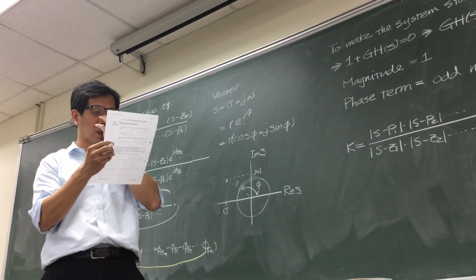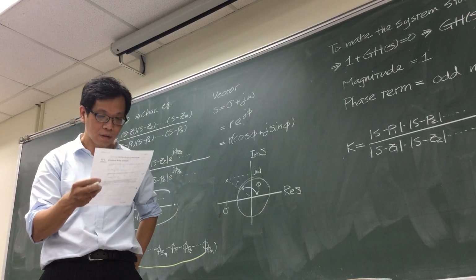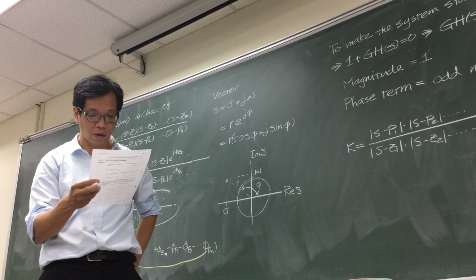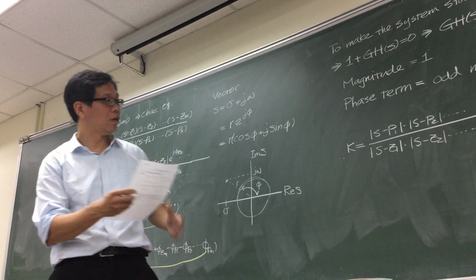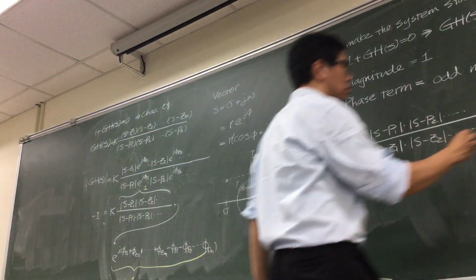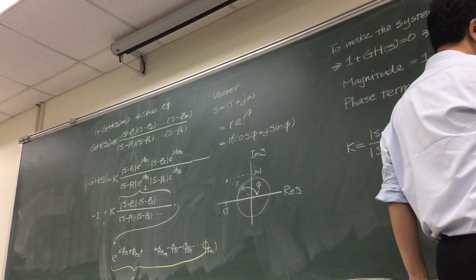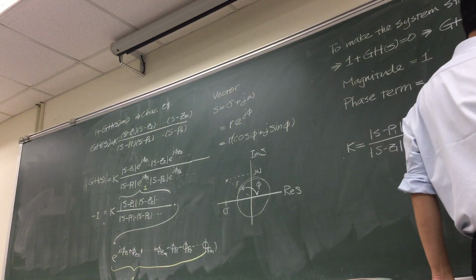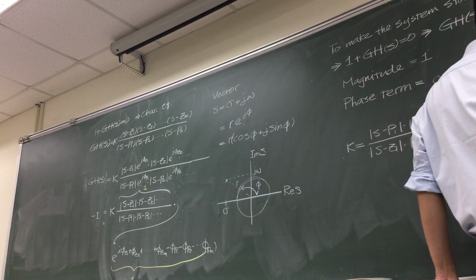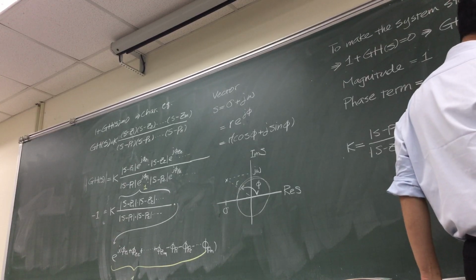So we can calculate what the K is going to look like. This is also something we call the magnitude criterion.